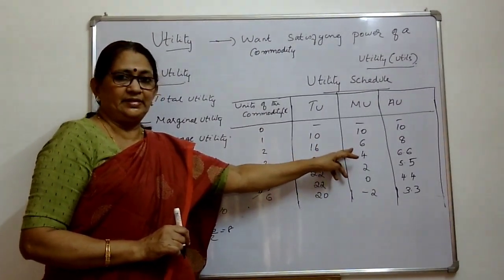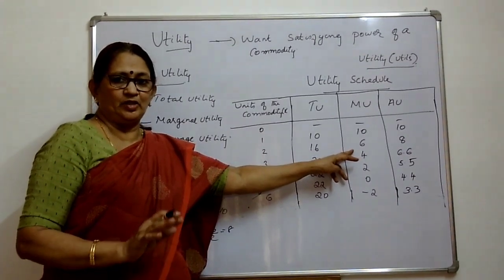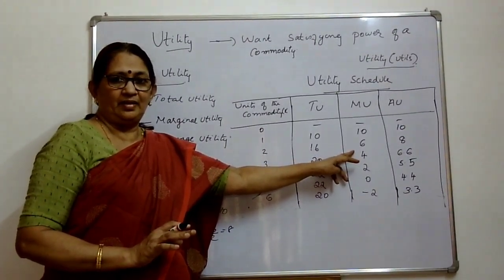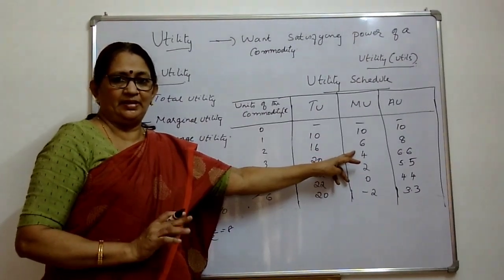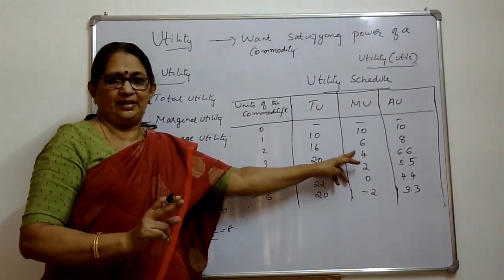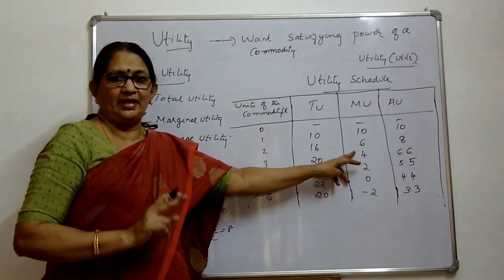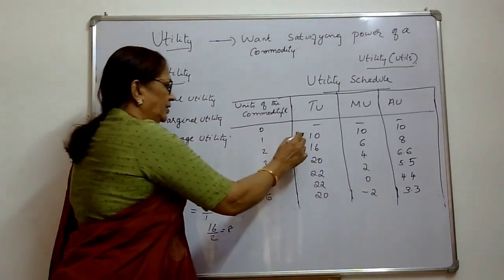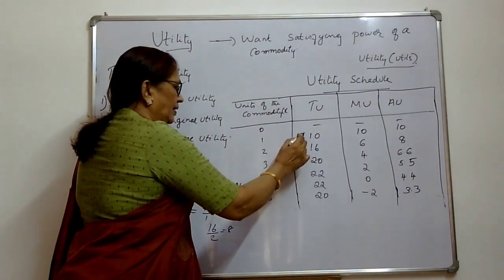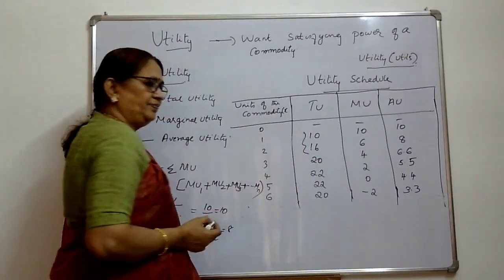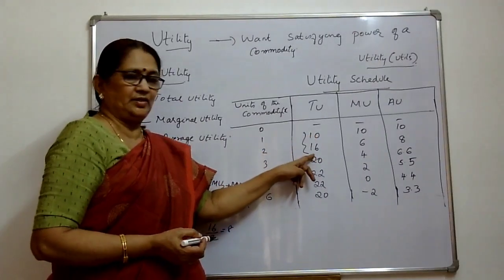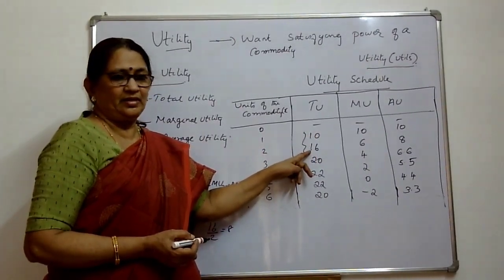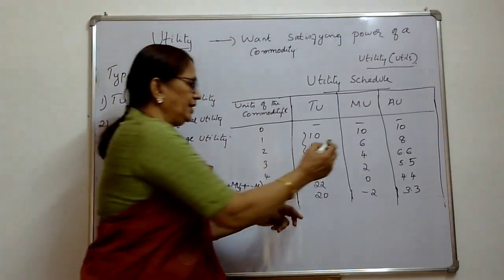Marginal utility is the satisfaction derived by the consumer while consuming one more unit of the commodity. That is the extra utility derived by consuming one more unit of the commodity. So here, what is extra received? From 10 to 16, total utility increases. So what is the extra gained here?